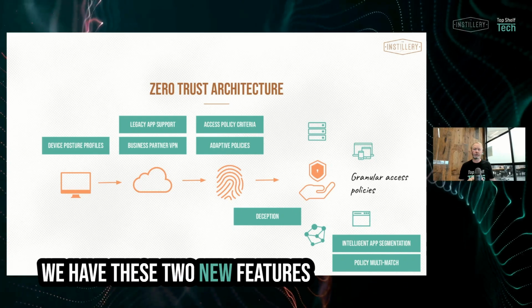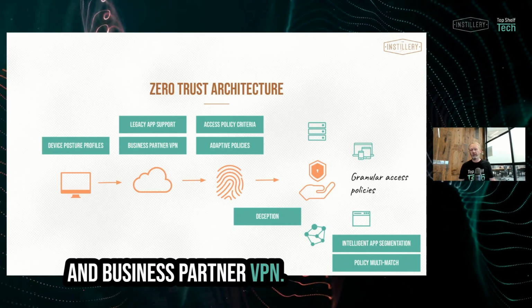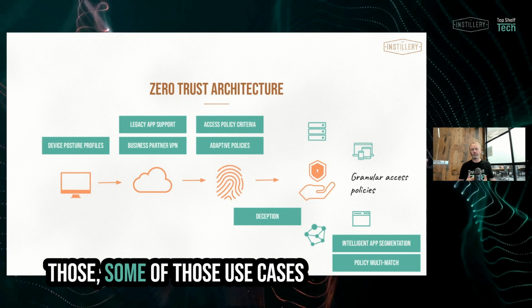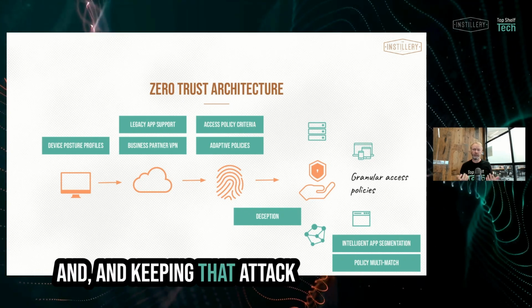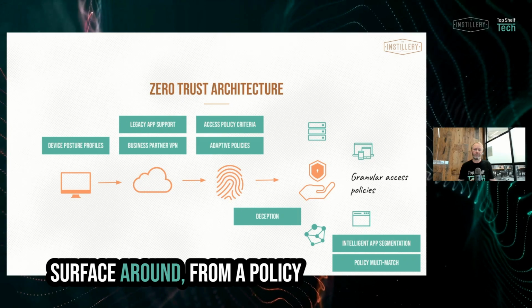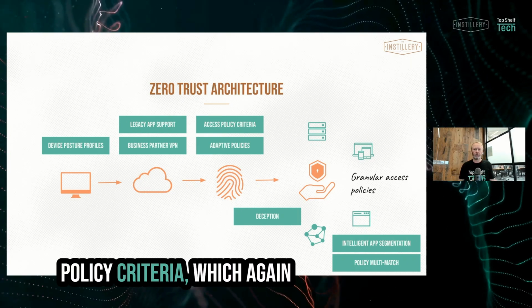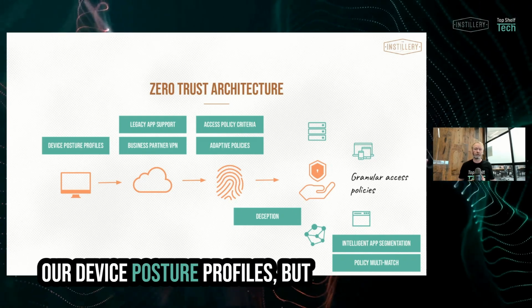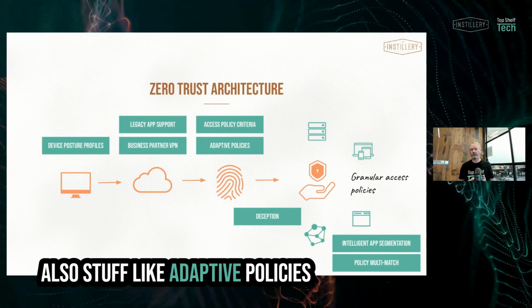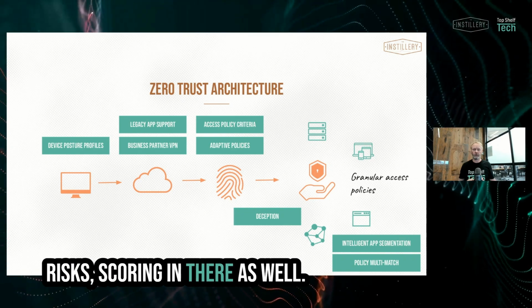We have these two new features around legacy app support and business partner VPN, which should help us remove some of those use cases for keeping old VPNs and that attack surface around. From a policy perspective, we have our access policy criteria, which takes into account things like our device posture profiles, but also adaptive policies around end user behavior and risk scoring.